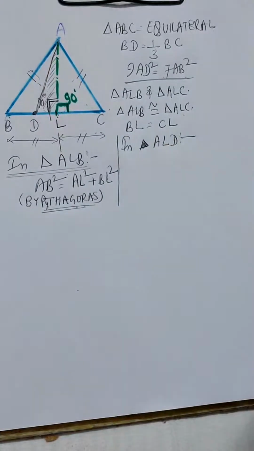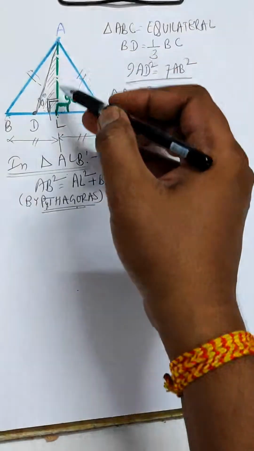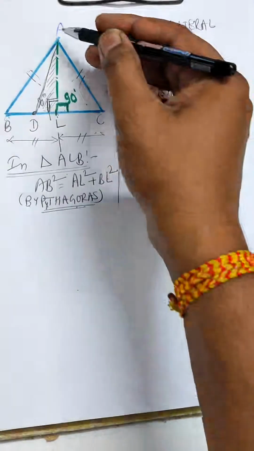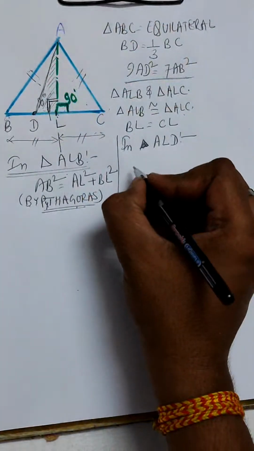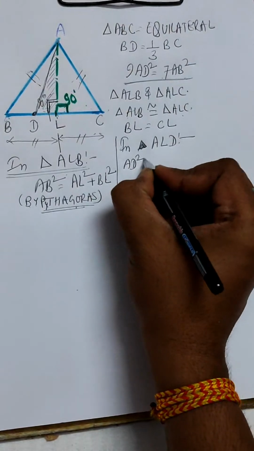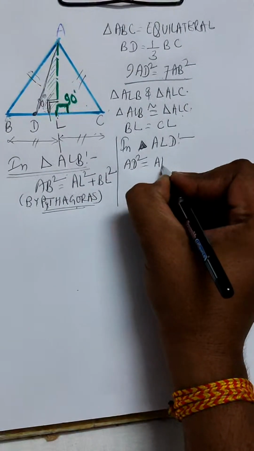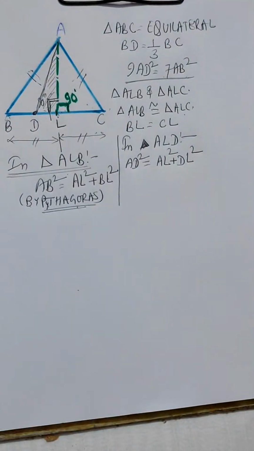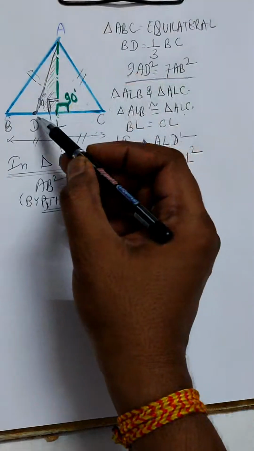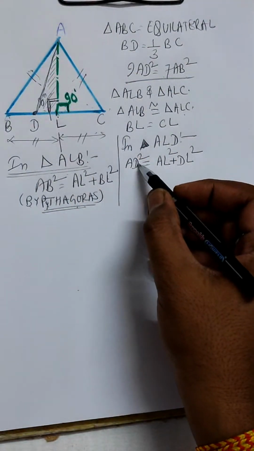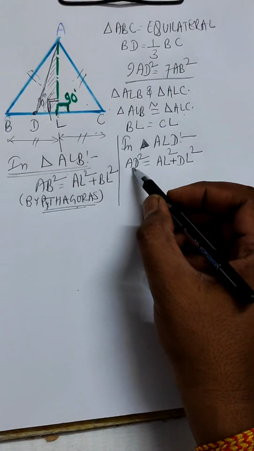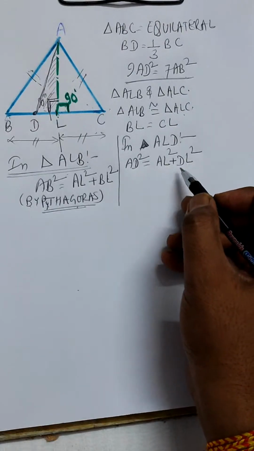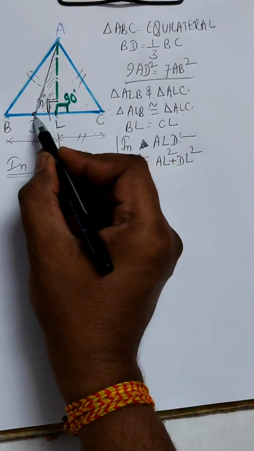In triangle ALD, AD square is the hypotenuse square. So again, by applying Pythagoras, AD square equal to AL square plus DL square. AL is the perpendicular and DL is the base. Now, since AD square equal to AL square plus DL square, we can write this DL as what?